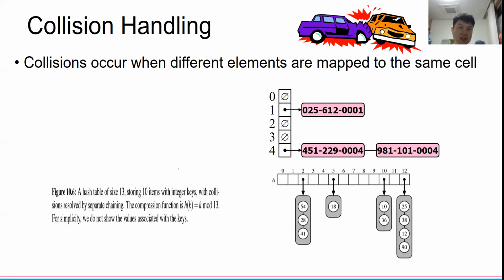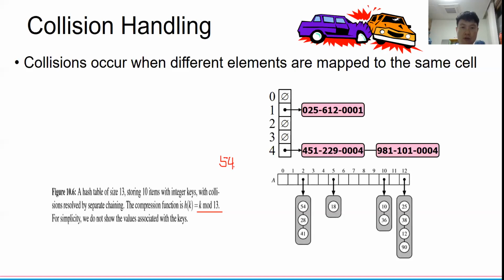You can easily think of the previous example, where the keys are the same and they put all the keys into one particular index. For example, 54, 28, 41 will be placed in index 2, because we use this function: k mod 13. What is 54 mod 13?